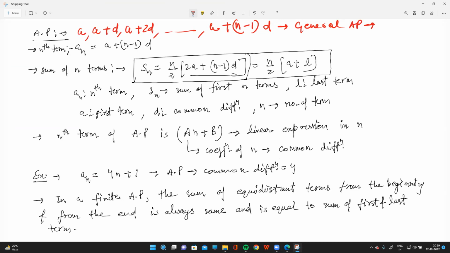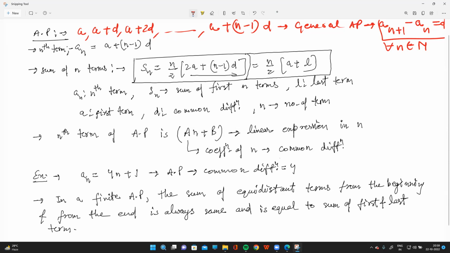So how can you define an AP? If a(n+1) minus a(n) is equal to D, that is, if the difference between 2 consecutive terms, that is if you subtract a term from its next term, a(n+1) minus a(n), and it came out D for every pair of consecutive terms in your sequence, then that sequence is AP, right?